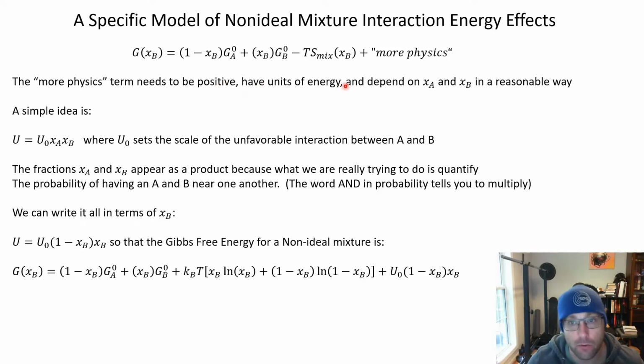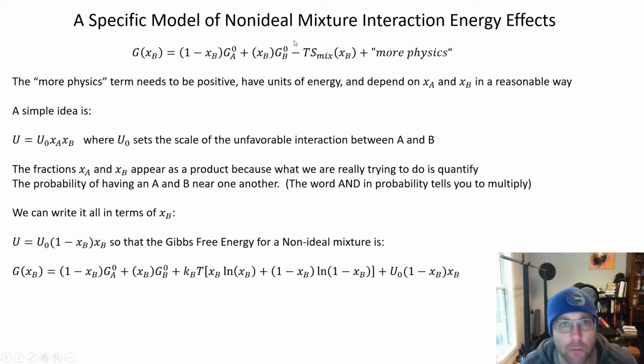It obviously has to have units of energy because we're going to add it on here. And it needs to depend on the fractions of materials, and in fact it needs to depend kind of on both of them in some way, right? Because we're sort of talking about, are there AB interactions as compared to AA interactions?